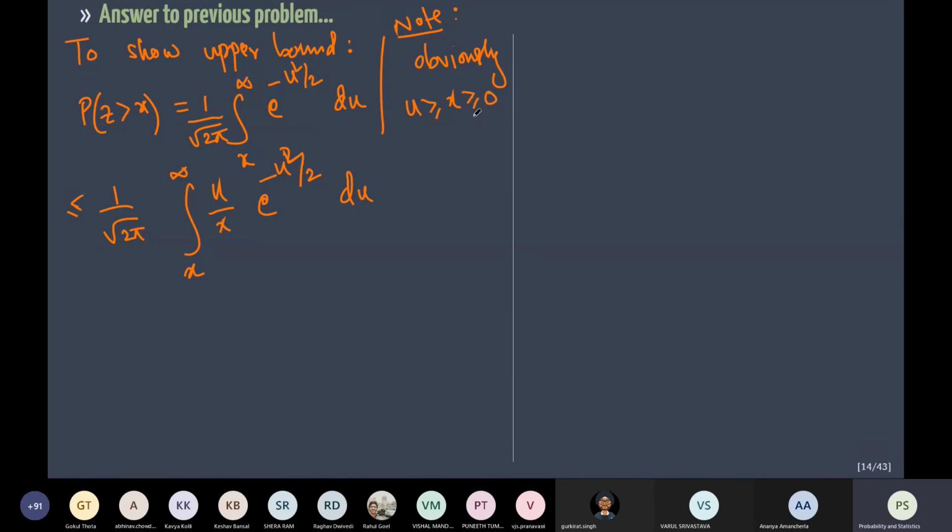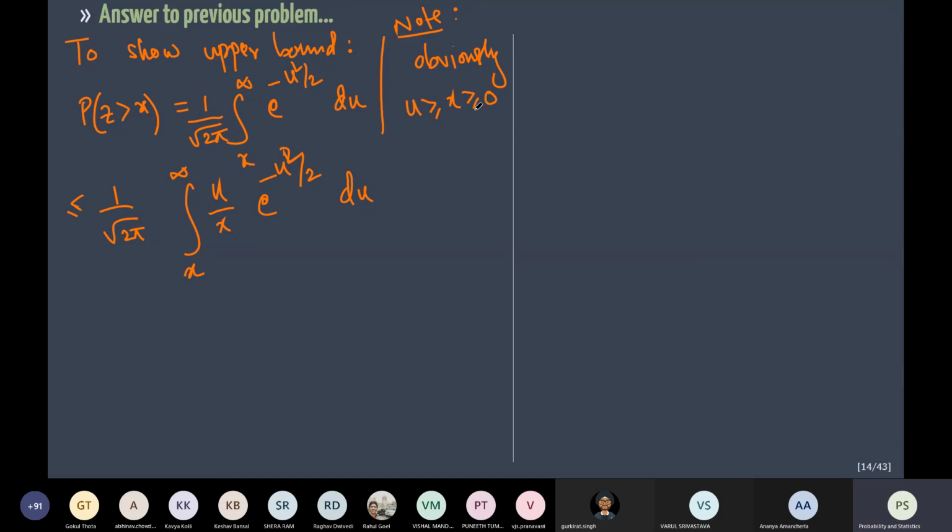Okay, so what does this mean? This means that u divided by x is greater than or equal to 1. So this inequality will hold.